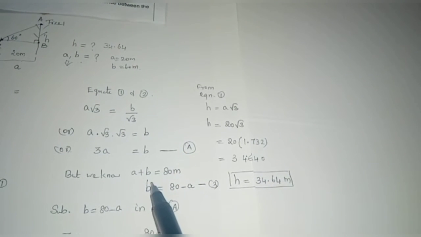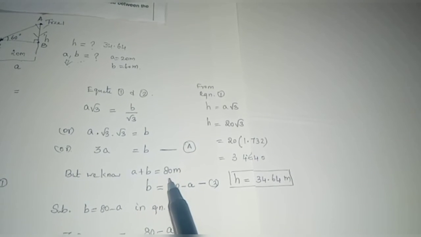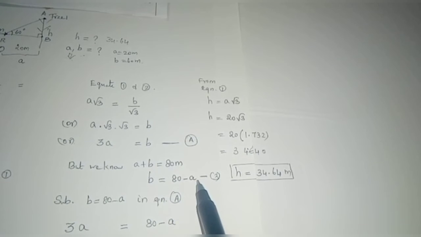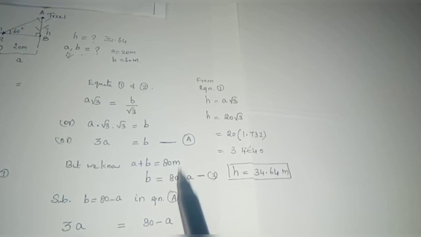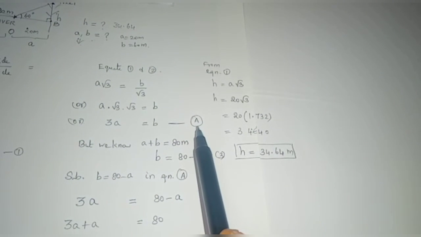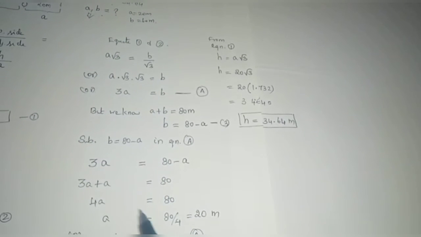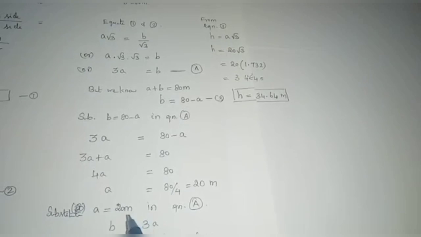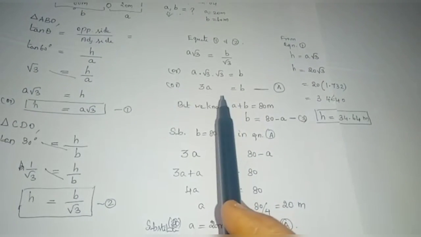But we know a plus b is equal to 80 meter. That is, the river width is 80 meter. So you write b as 80 minus a. Then substitute the b value in equation a. You will get the a value as 20 meter. You substitute the a value in equation a.